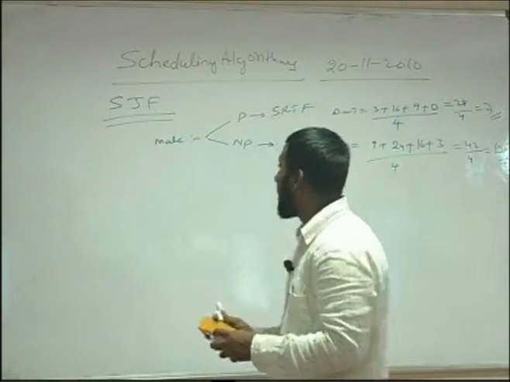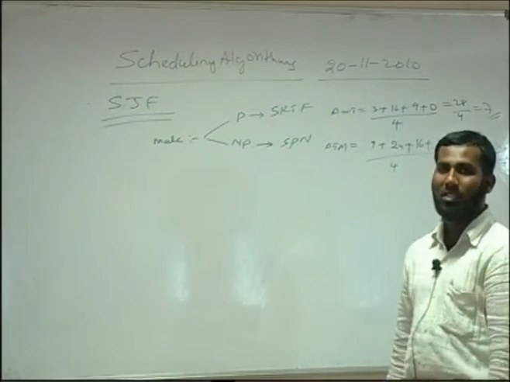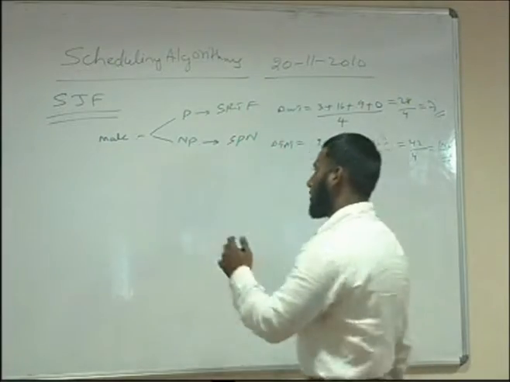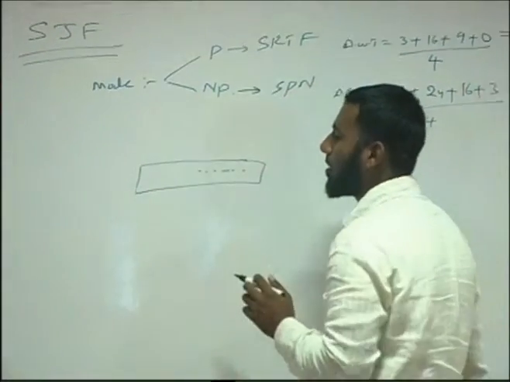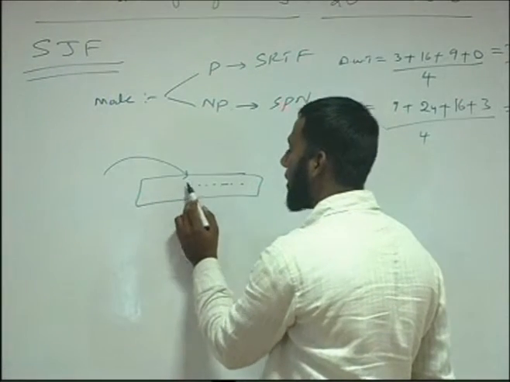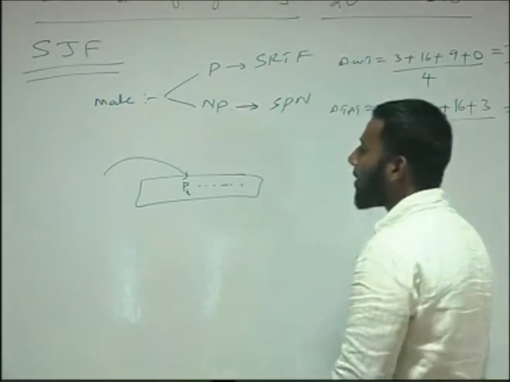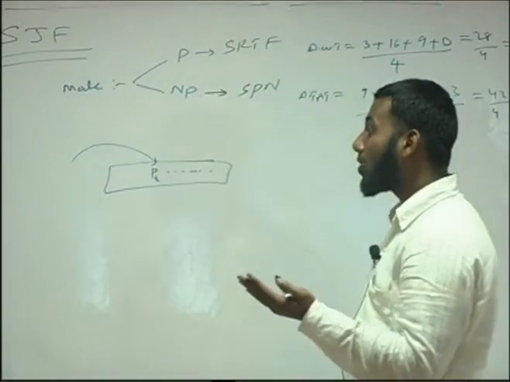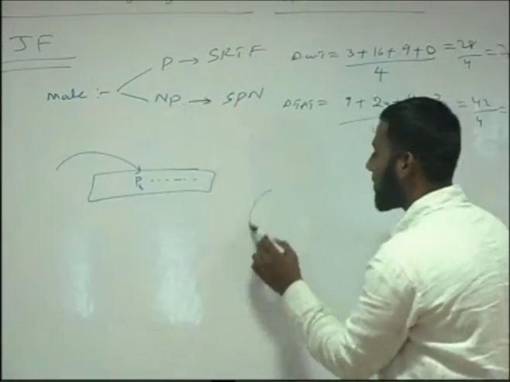Now, in preemption, how does this algorithm work? The basic idea is, when a new process is added into a ready queue, assume that we have a ready queue and here we have few processes. When a new process Pi enters the ready queue, then a scheduling decision will be taken, including the current process which is running in the CPU.